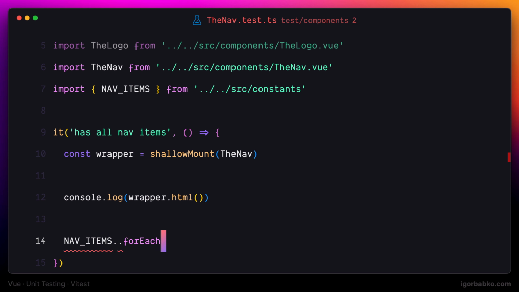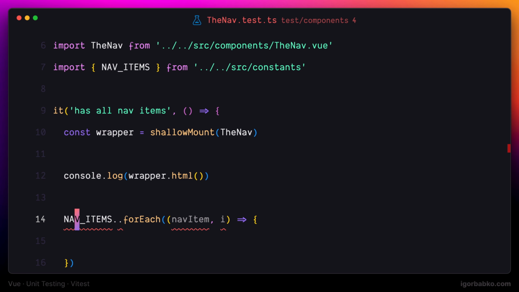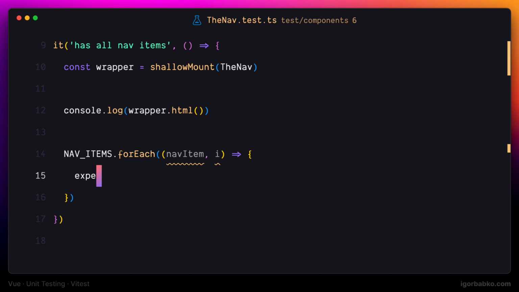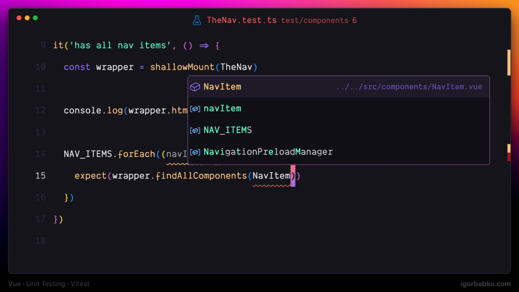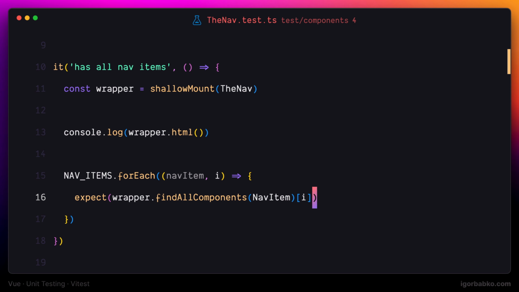And then by using the findAllComponents method on the wrapper object, we're going to search for a particular NavItem component by its index. And then by referencing the property called vm, which will be a Vue component instance, we can get access to props on this component.